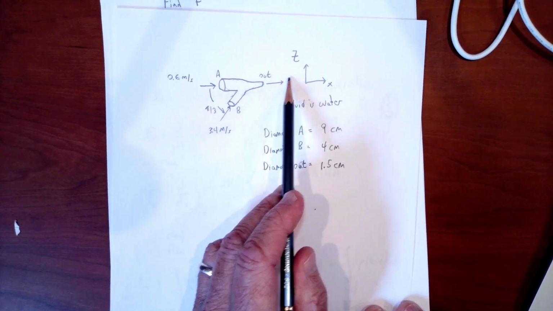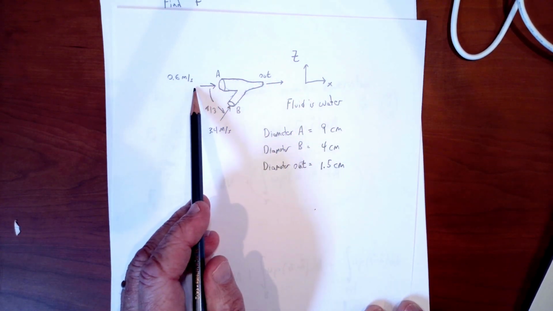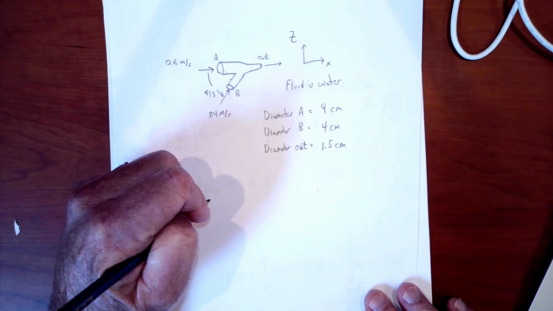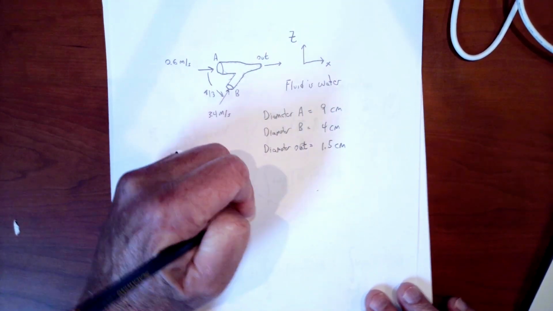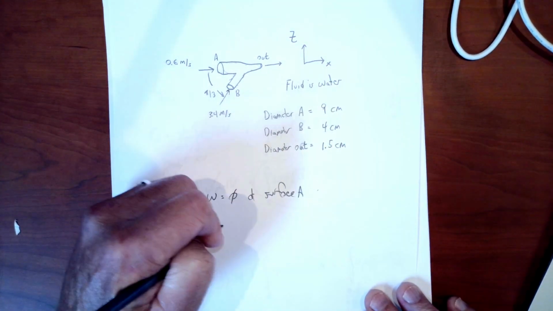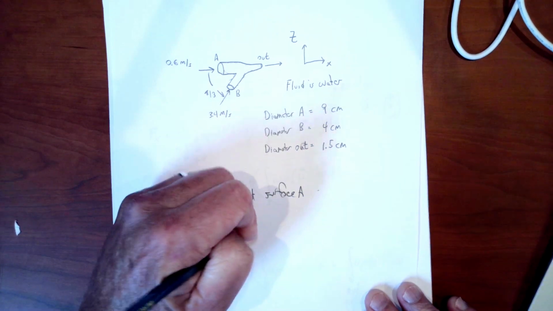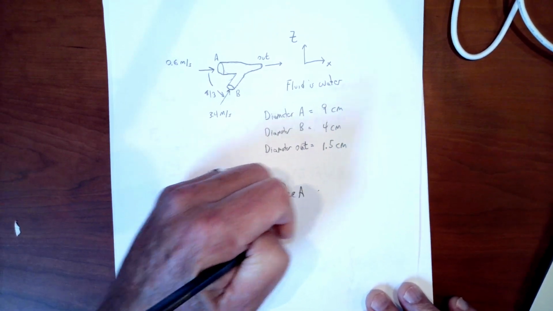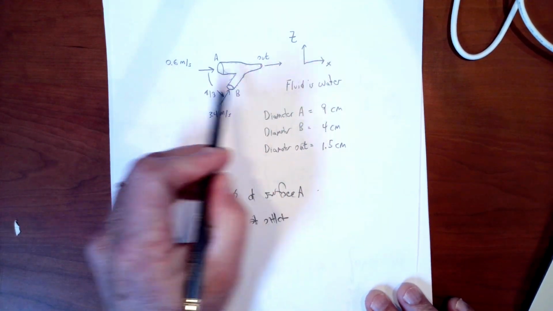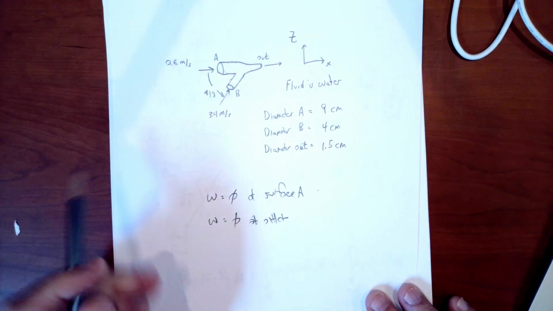It's just going purely in the x direction. So w equals 0 at A and w equals 0 at outlet. W equals 0 at surface A because there's only an x velocity, and w equals 0 at the outlet because there's only an x velocity there. So there's going to be no w here, and there's going to be no w here.